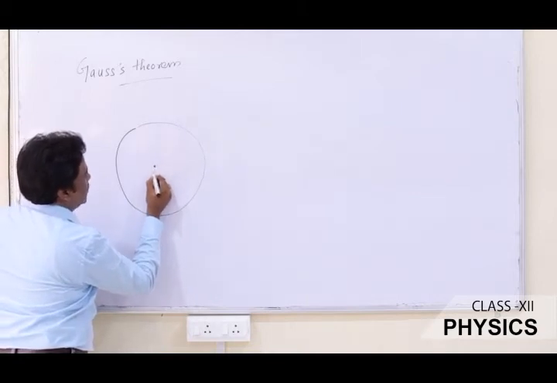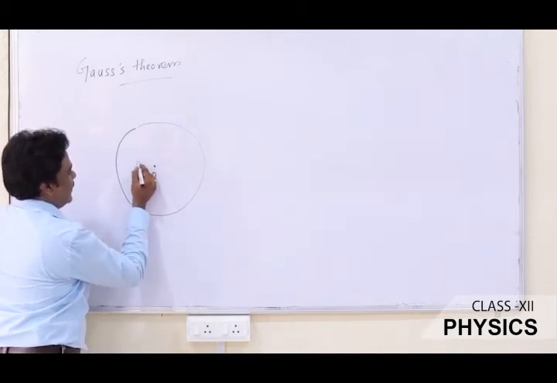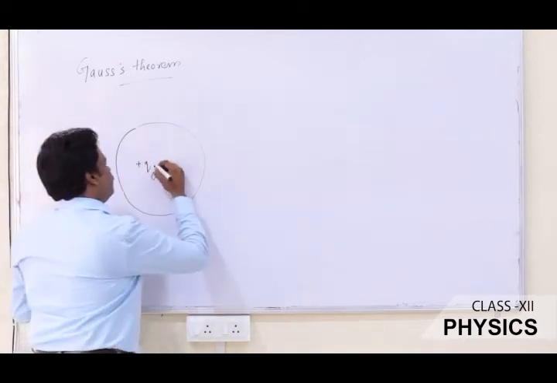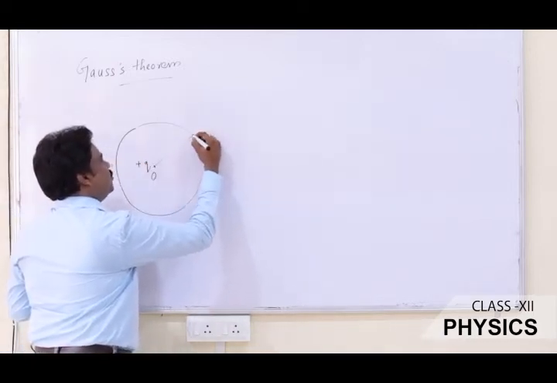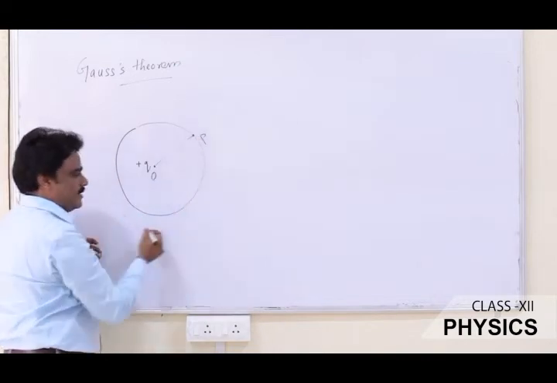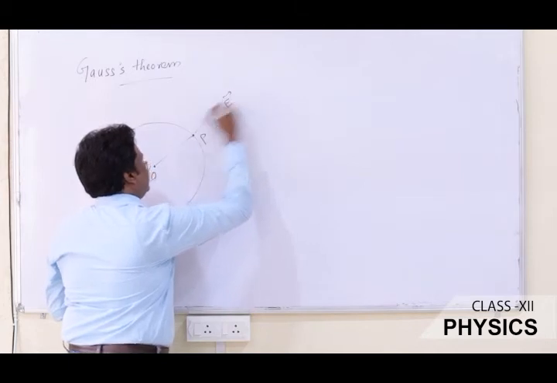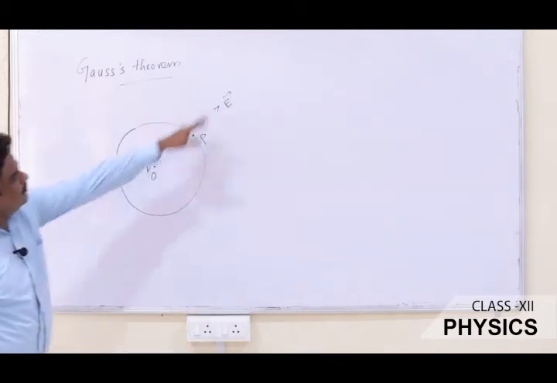Say O is the center. At the center I am going to keep a unit positive charge, say plus Q. I am going to assume a point P on the surface where E is the electric field due to this charge on the same line.